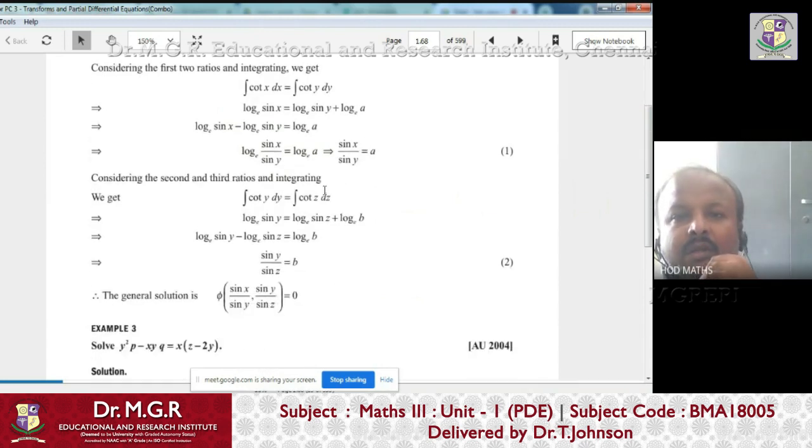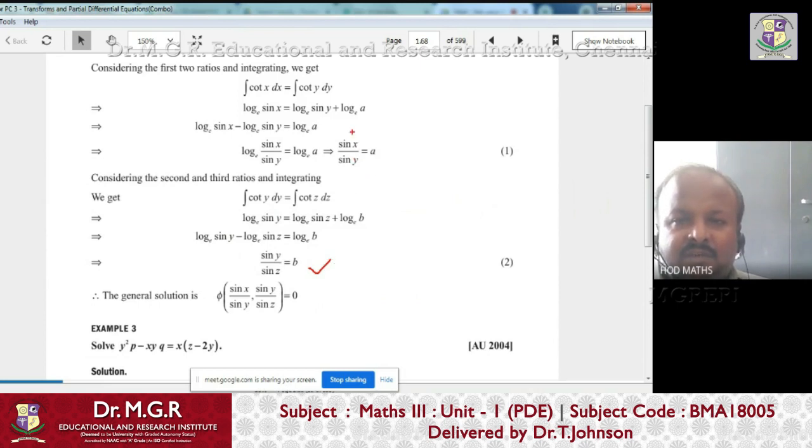So if you take x and y, you write sin x by sin y equals a. And if you take y and z, you can write sin y by sin z equals some other constant, with the same procedure: cot y, cot z, same integration, taking to the left hand side and then cancelling the log terms, then you get the nice relation.